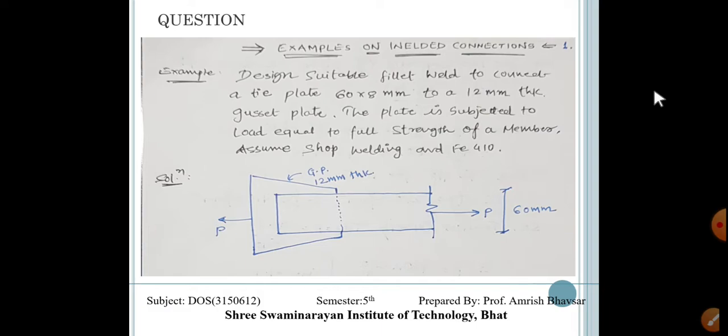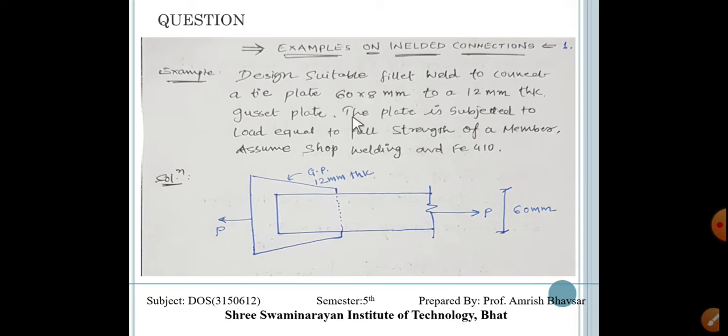The question is: design a suitable fillet weld to connect a tie plate 60 mm by 8 mm to a 12 mm thick gusset plate. The plate is subjected to a load equal to the full strength of the member. Assume shop welding, and the strength of the plate is Fe410, that we know.